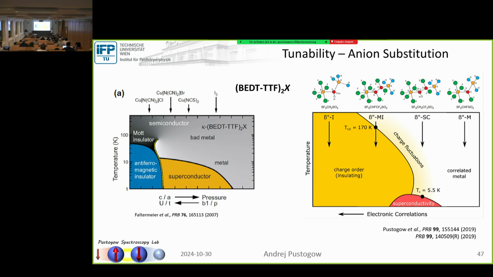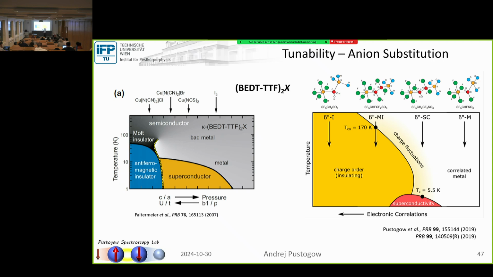So how can we study different physics? The simple thing is, you can synthesize materials with different anions, and these anions can have different size. So for instance, copper NCN2Cl, and then you have here instead of Cl bromine. Bromine has a different size than chlorine, and therefore you change the position.